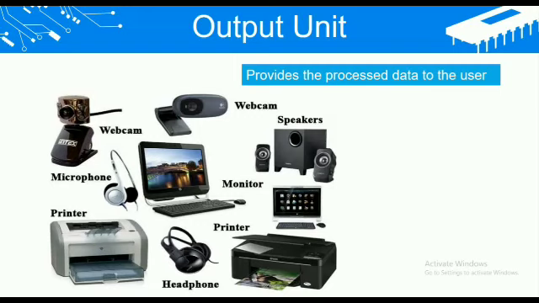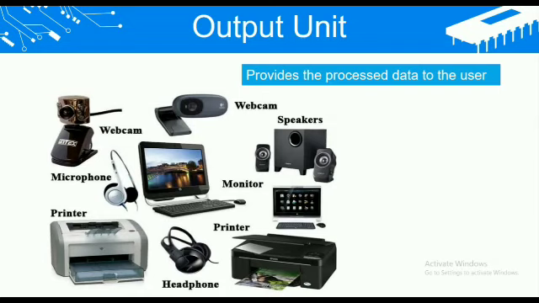An output device is any hardware component that conveys information to one or more people in user understandable form. When I say user understandable form, we know that the computer can understand only binary language, that is zeros and ones.